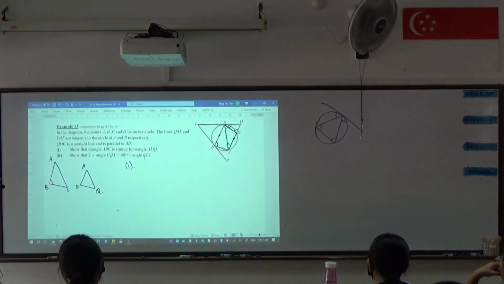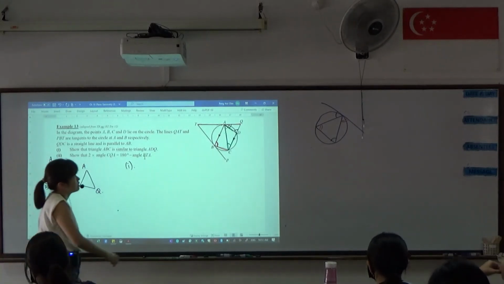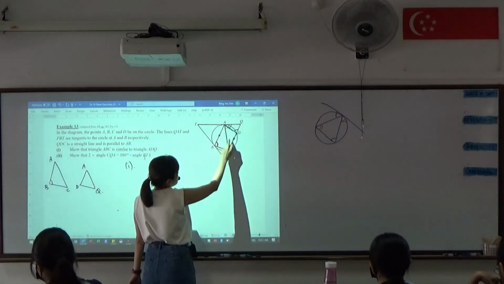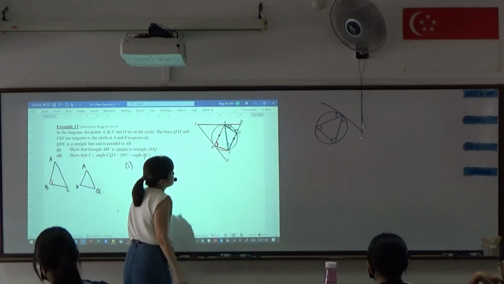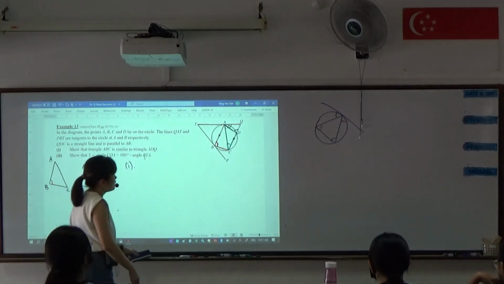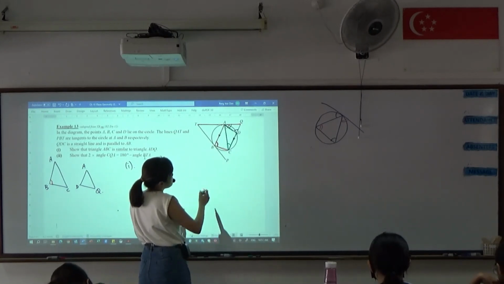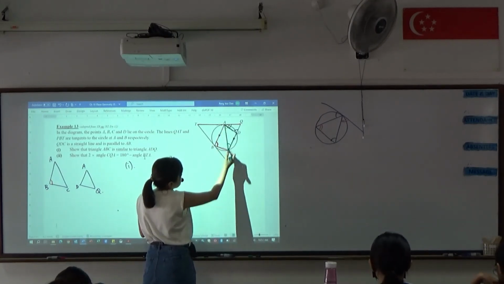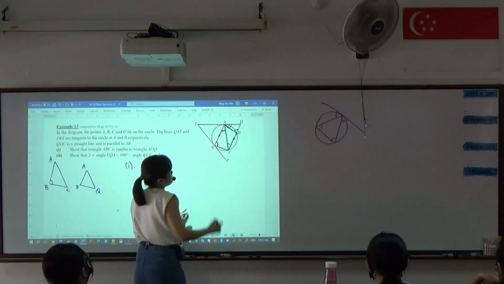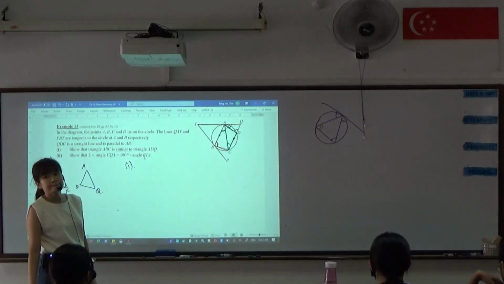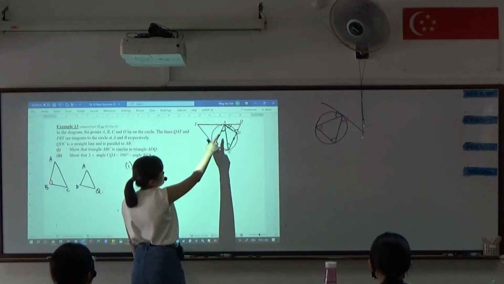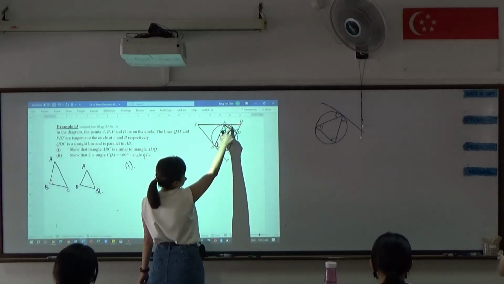So we have identified that this and this green one are equal, this and this green ones are equal. We also know that because they are parallel, this angle here is equal to this angle here. So this equals to this, equals to this.